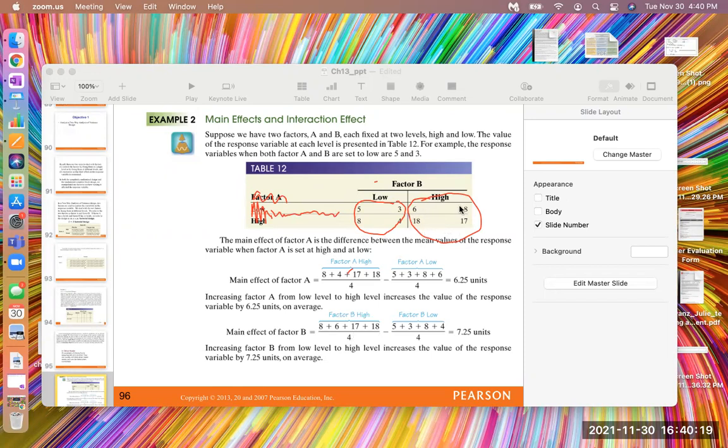So they find the mean of the high level of B, and they subtract the mean of the low level of B. And they say on average, increasing factor B causes an increase in the response variable of 7.25 units. Okay, so those are the main effects of A and B.